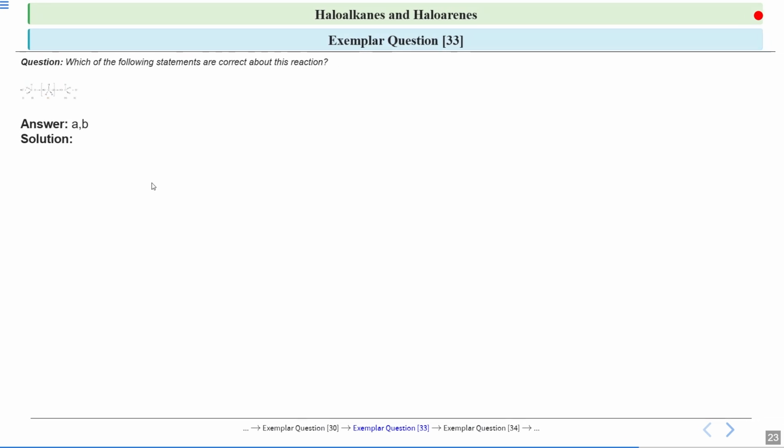For this question, the correct statements are in option A and option B.